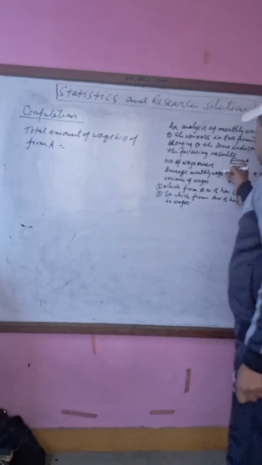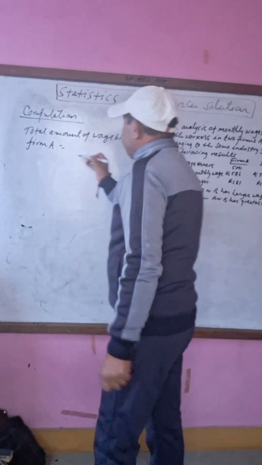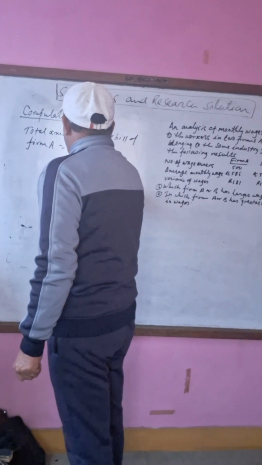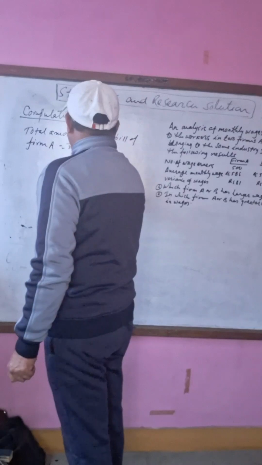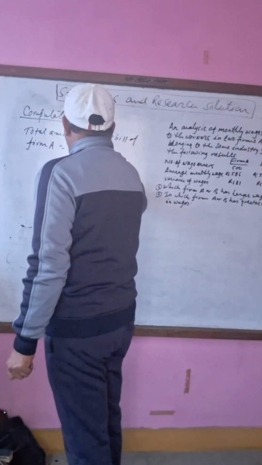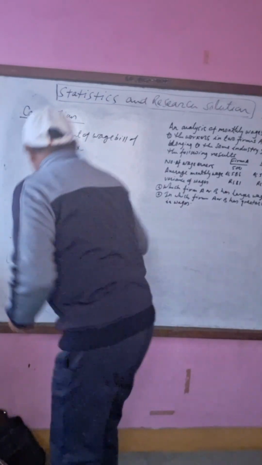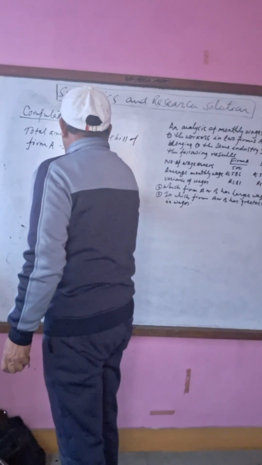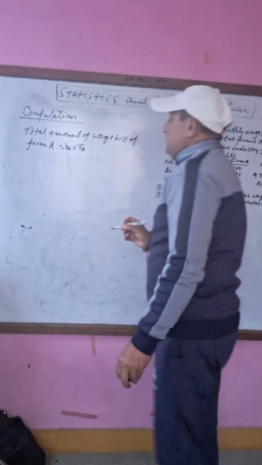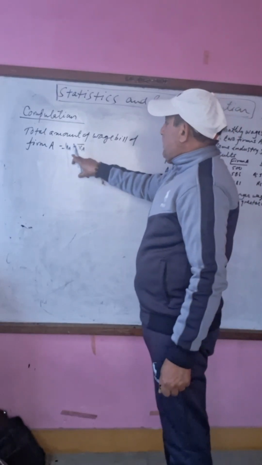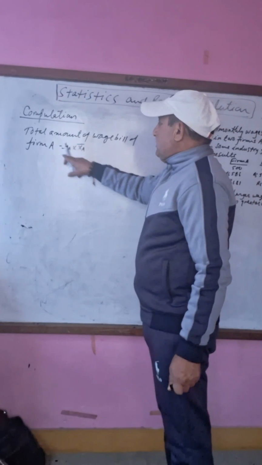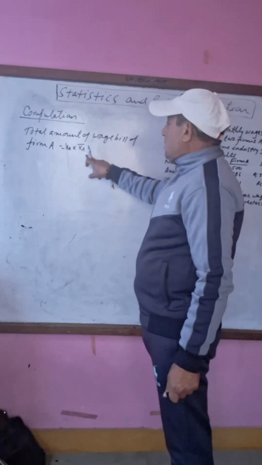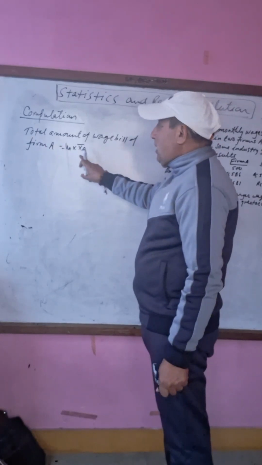Firm A is represented by x1 or xa bar and NA. You can write this formula: NA into xa bar. This is the formula. NA is the number of workers in firm A and xa bar is the mean wage of the workers of firm A. And this is the total wages.